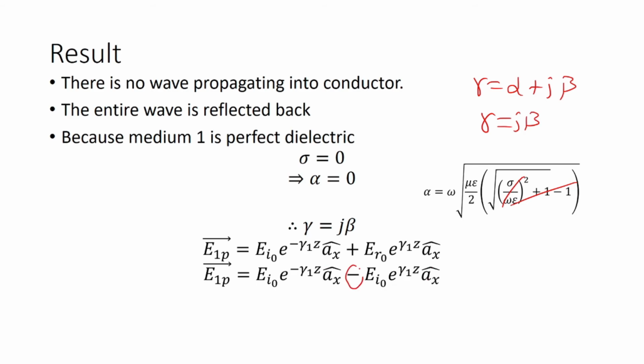The minus is because Er naught by Ei naught, which I have obtained, equals minus 1. The reflection coefficient I just found to be minus 1. Therefore, Er naught can be replaced by minus Ei naught.